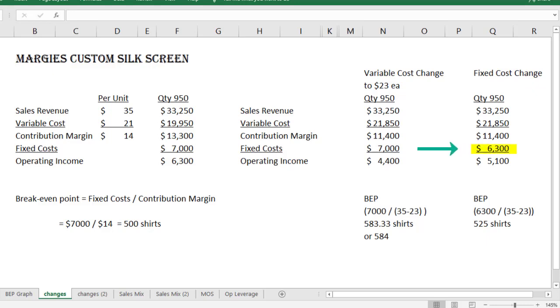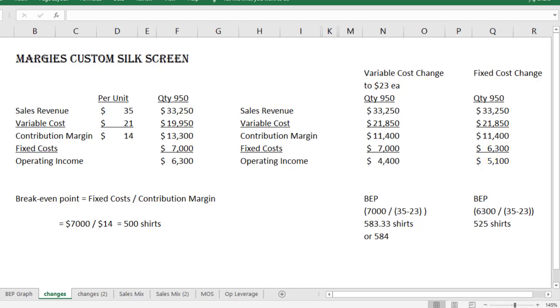Now her contribution margin hasn't changed. It's still lower than it was before because of the change to the variable cost, but her fixed costs have been reduced. Now when we add this to the mix for our calculation, we see that her new break-even point is only 525 shirts, and she hasn't quite rebounded on the profit yet. She's still making less than the $6,300 she was in the beginning, but it is closer at $5,100.